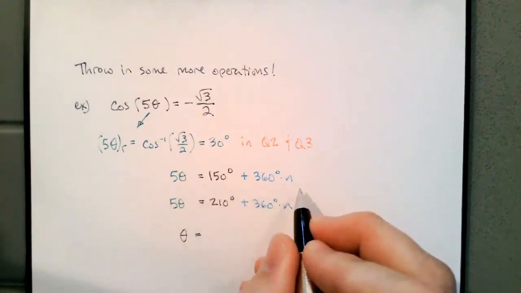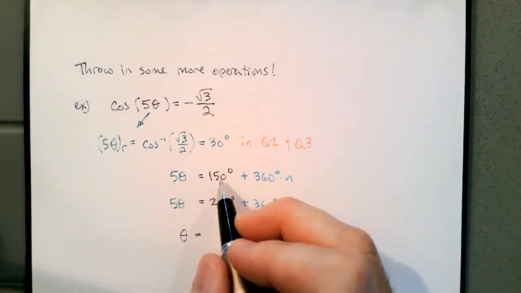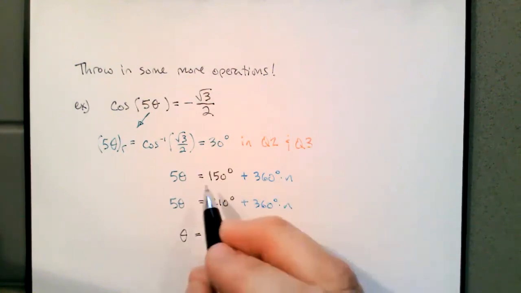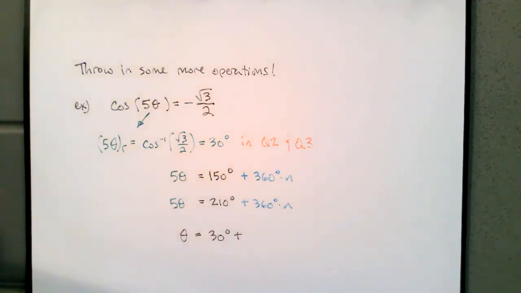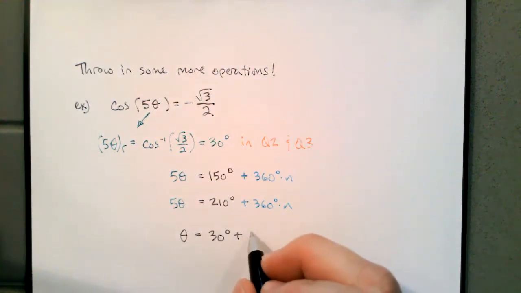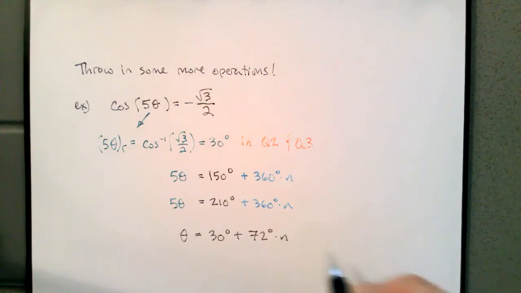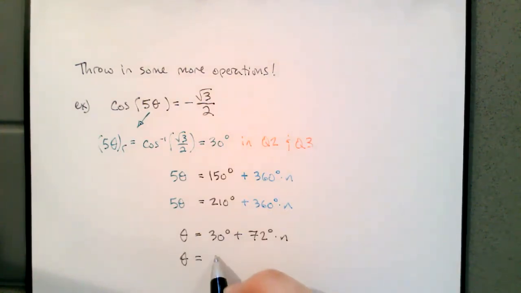So theta, if I divide everything by 5, 150 divided by 5 is 30. 360 divided by 5 is 72. 210 divided by 5 is 70. No, it's not.